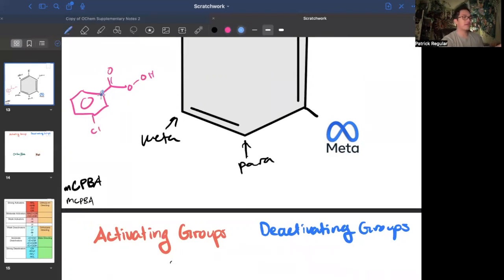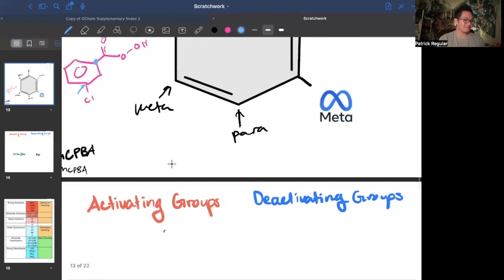Where you have your E group, your perbenzoic acid, not something you have to know, and meta to that is a chloro group. So we've actually already seen one of these types of compounds in one of our reactions before. It's just pretty cool.